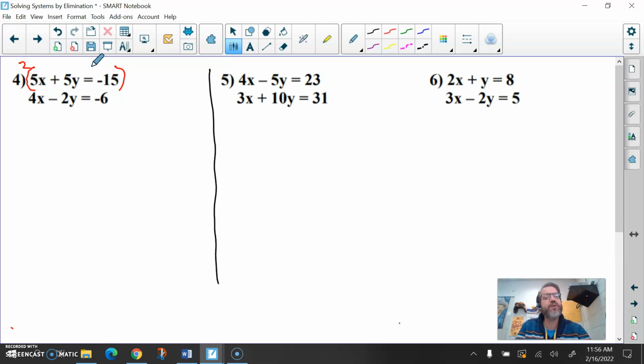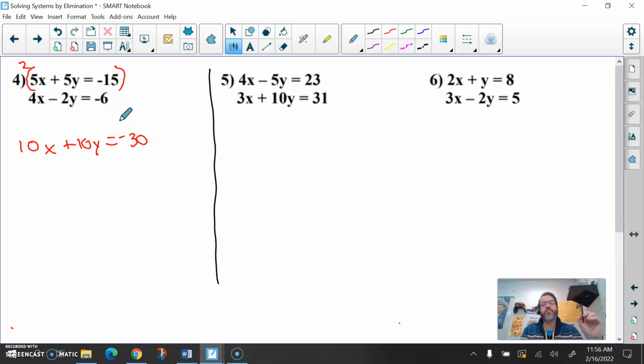All right, so in the top equation, let's multiply everything by 2. 2 times 5x, distributive property here, we have 10x. 2 times 5y, we get plus 10y. Equals, and then 2 times negative 15, which is negative 30.